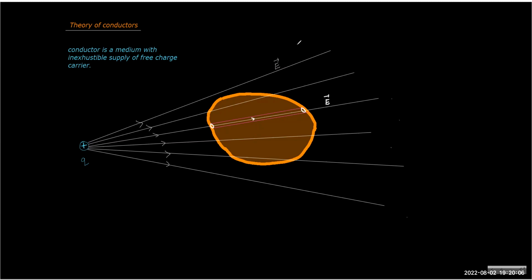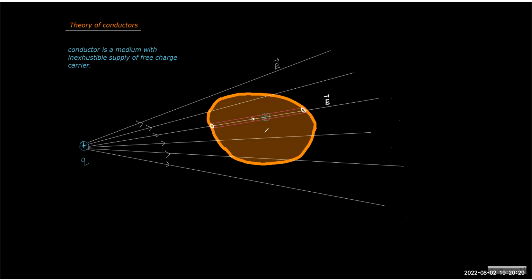So imagine any electron in this tube. Will this electron experience force because of the field? Yes or no? So this electron in the tube will experience electric force.